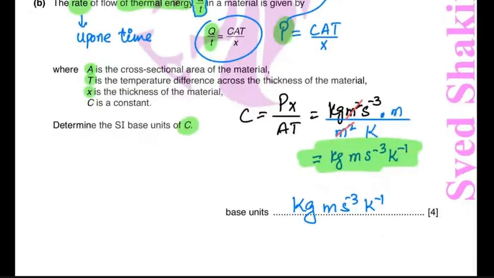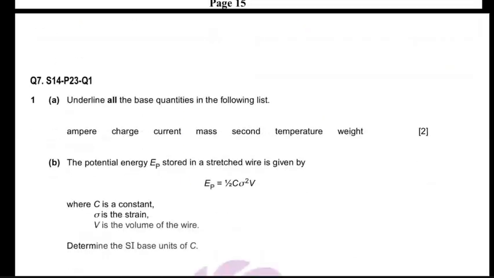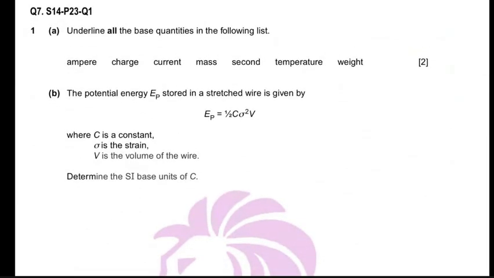Getting the point? Yes. Now it says underline all the base quantities in the following list. Base quantities, not units. Disclaimer, not units. Most people begin to highlight units and vice versa. So base quantity is current.